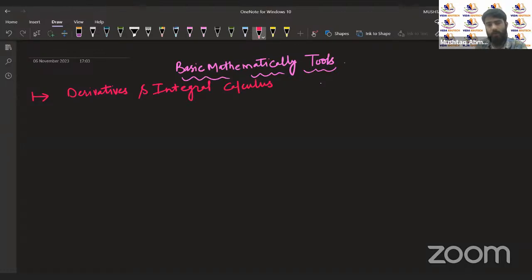We'll first give a brief revision about the derivatives of different functions, how derivatives work for different functions, what the different tools for derivatives are, and also how we can apply these derivatives in different questions.